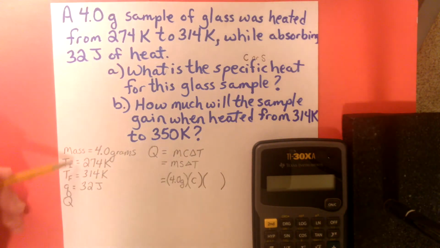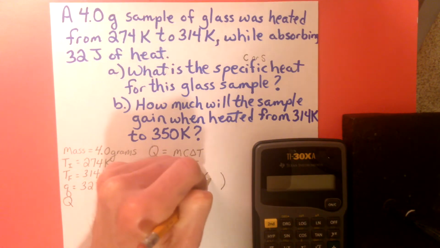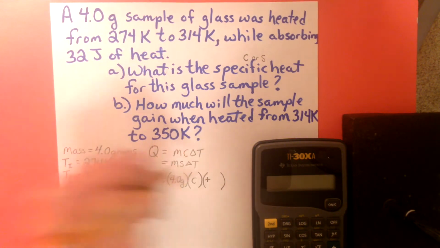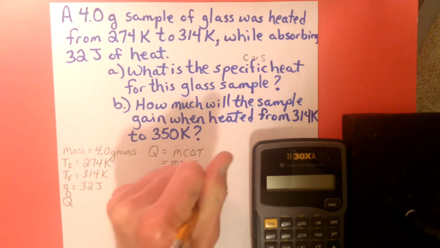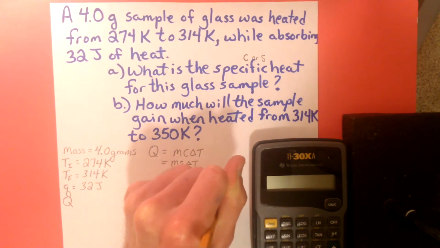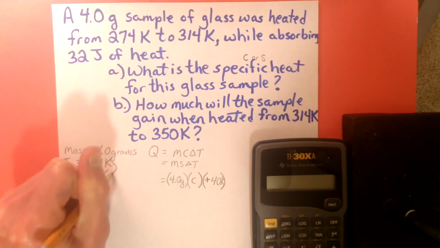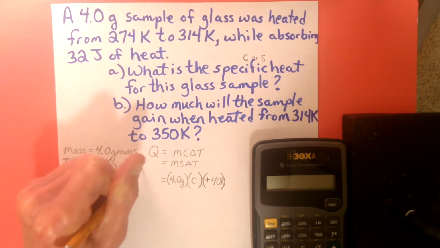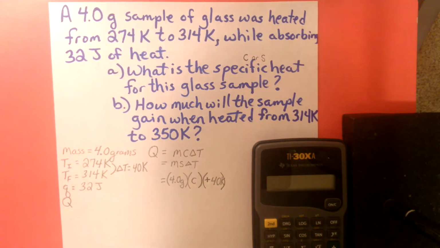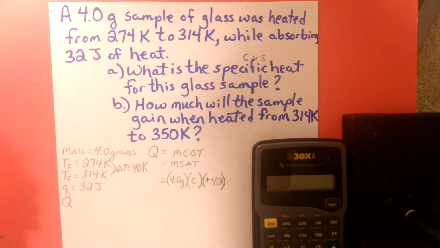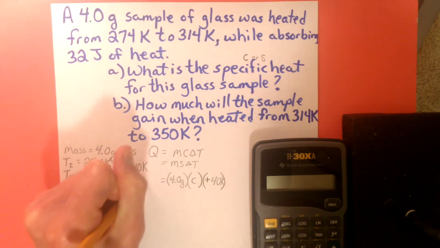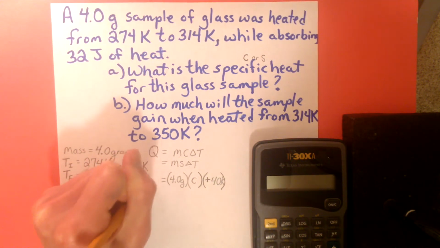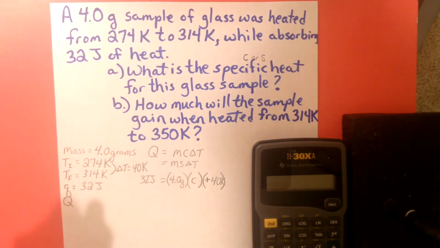How did our temperature change in this process? Our temperature increased. That's a positive value. It increased by 40 Kelvin. I just took these two values and subtracted them, and remember, it increased, so that's why I'm putting positive 40. And our Q here is our heat value, our heat energy, and that is 32 joules.